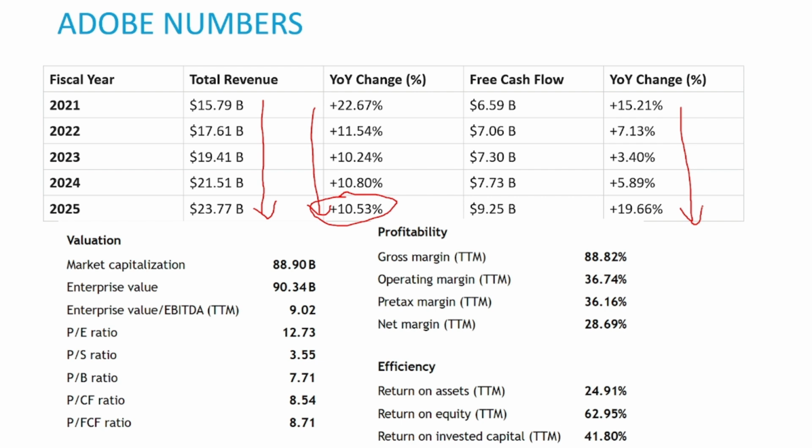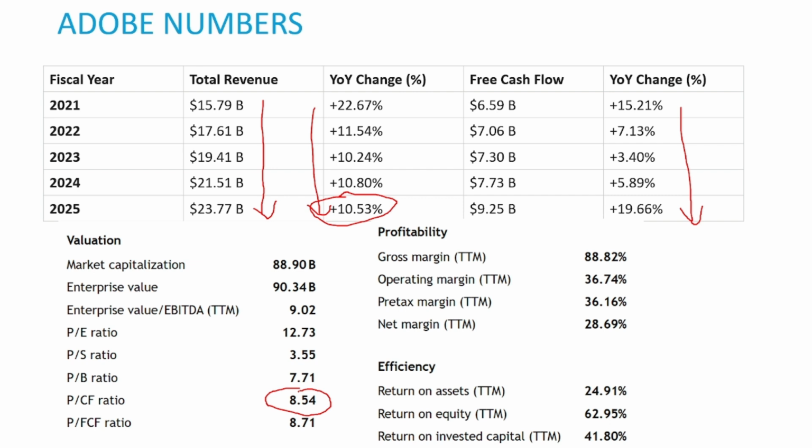I know they give stock based compensation, but it's 10-15% of the total. If you evaluate the numbers, you are paying price to free cash flow of around 8.54, and if you add the stock based compensation it will go to about 10.